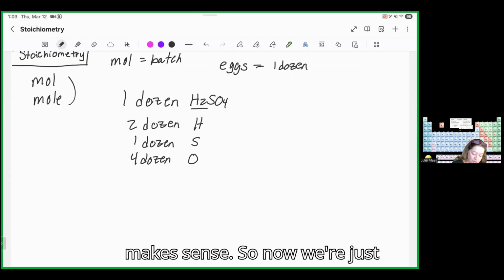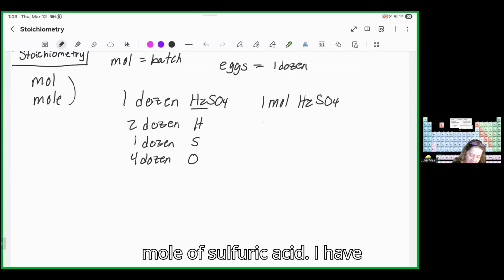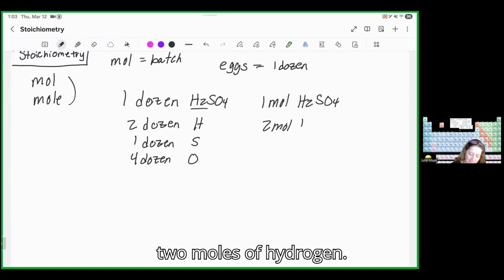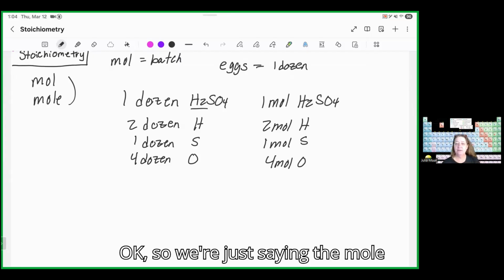So now we're just going to say mole. In 1 mole of sulfuric acid, I have 2 moles of hydrogen, 1 mole of sulfur, and 4 moles of oxygen.